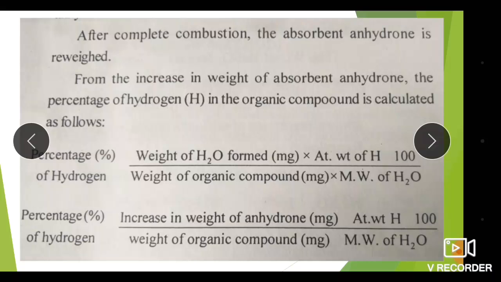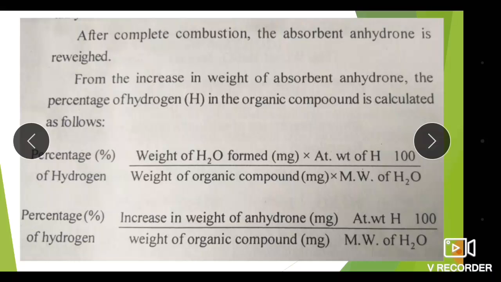anhydrone is also taken. The difference between the weights, W2 minus W1, is taken as the weight of H2O formed, multiplied by atomic weight of hydrogen, multiplied by 100, and divided by weight of organic compound multiplied by molecular weight of H2O.